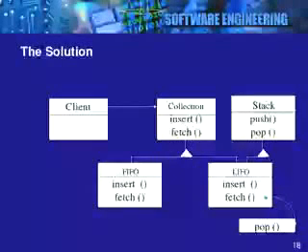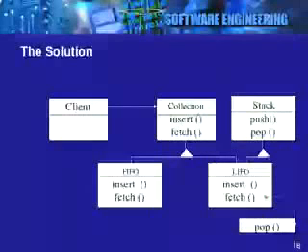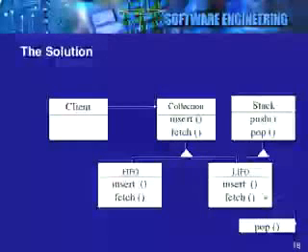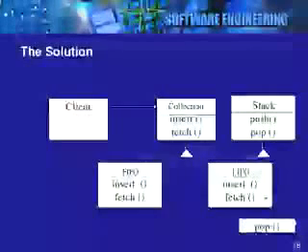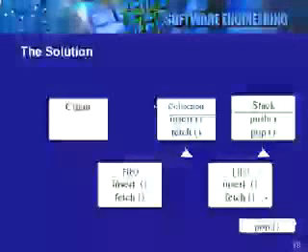You should be able to insert an item into the collection and fetch an item out of the collection. Now you want to build a LIFO type of collection and a FIFO type of collection, and these concrete collections are going to implement the abstract member functions declared in the superclass called collection.